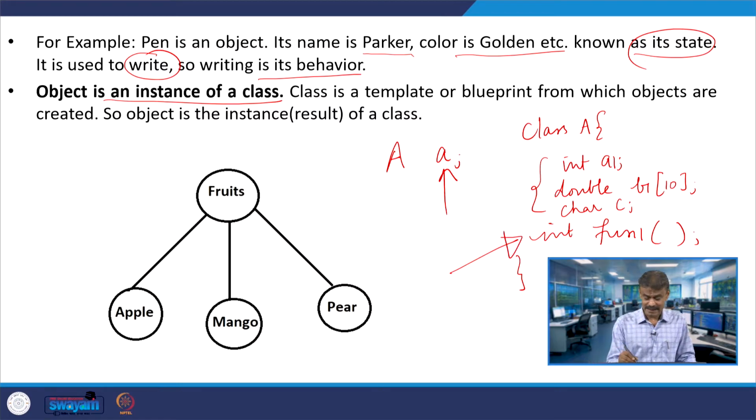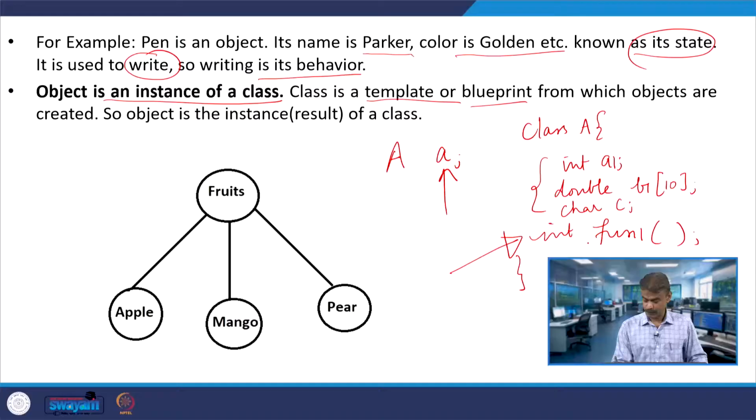The complete class A is the template or blueprint, which has several member data and several member functions. The dots mean there can be several more member functions, function 2, function 3, let us say factorial. The complete blueprint contains member data and member functions.